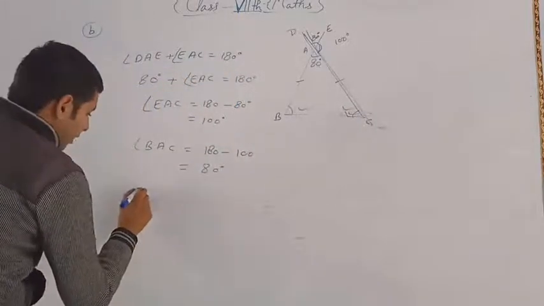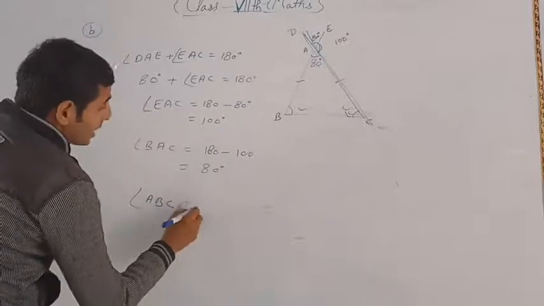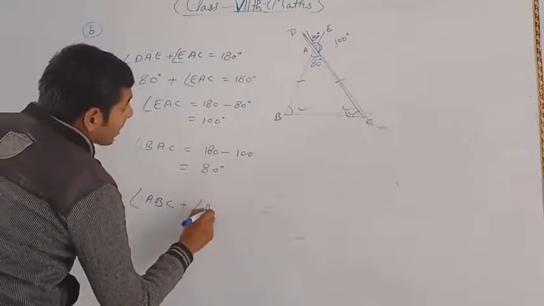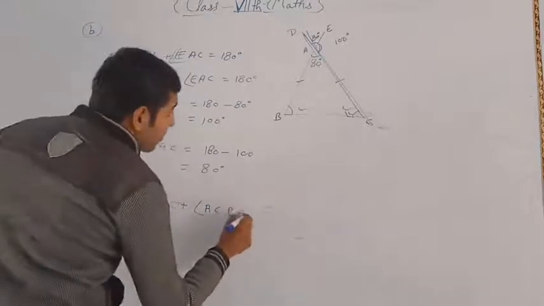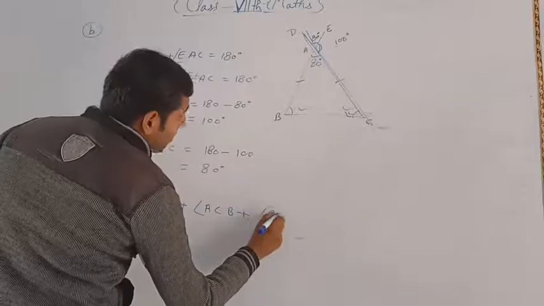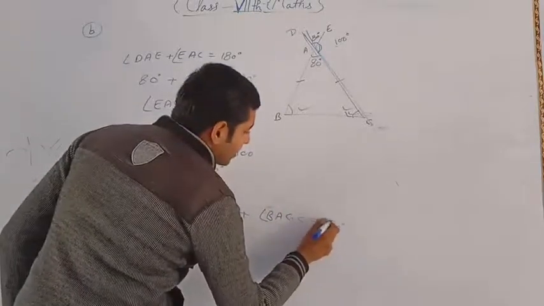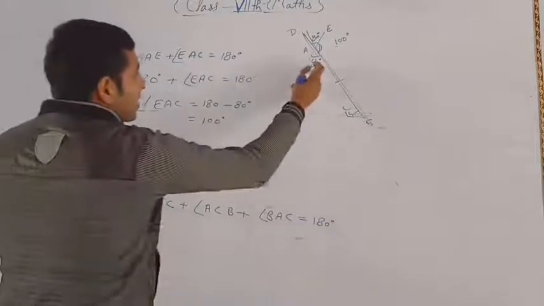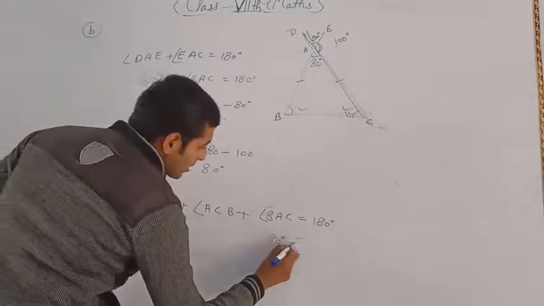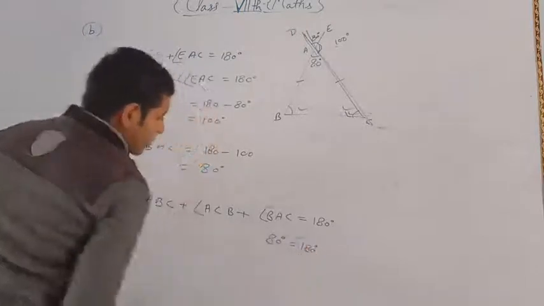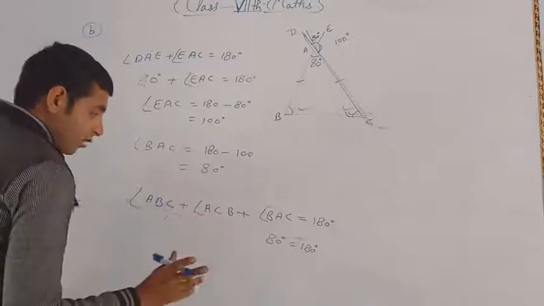So angle ABC plus angle ACB plus angle BAC is equal to 180 degrees. It is already given that angle BAC is equal to 80 degrees. We have to find out this. These two angles are equal.